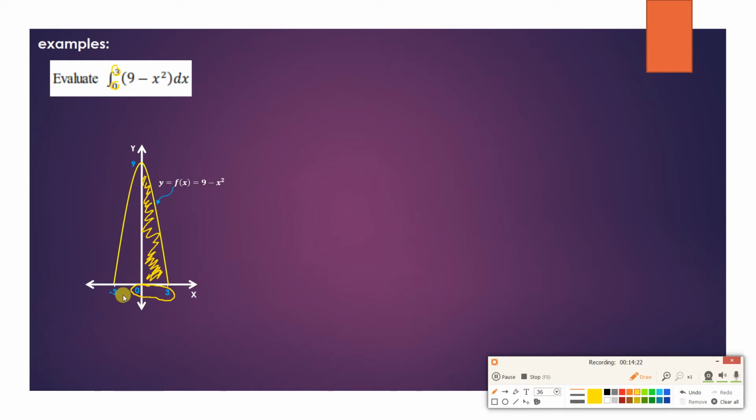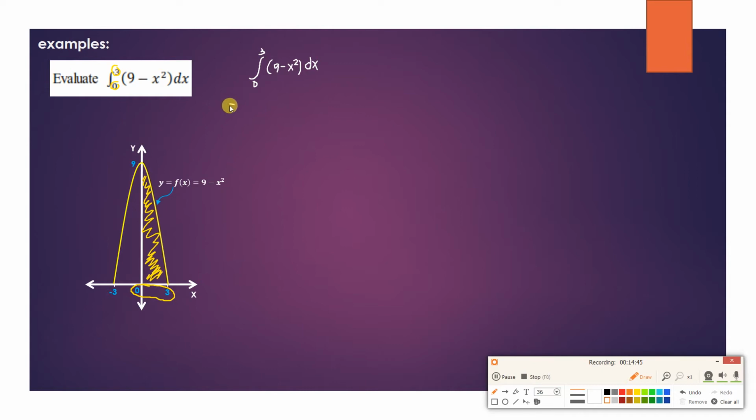Okay, so sinolve yan sa book ninyo using Riemann sum. Yung medyo long method, but this time we're going to solve it yung shortcut na siya. So, again, writing the problem: integral of 9 minus x squared dx, limits from 0 to 3.